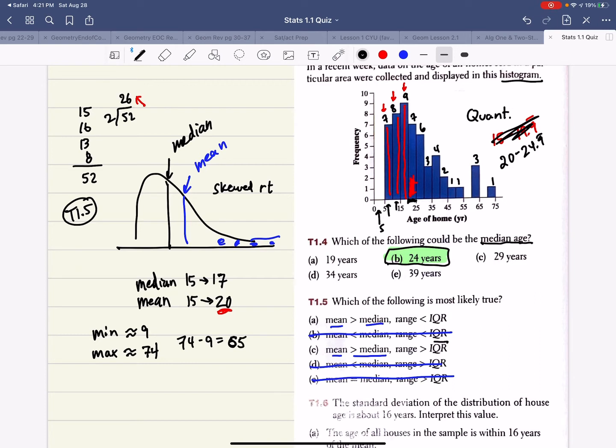And the IQR is always something narrower than that. It's the middle of the bottom and the middle of the top and the distance between there. So in this data, it looks like the IQR would be something like 35 minus 15. Notice that's quite a bit less than that. So the range is always going to be greater than the IQR. All right.